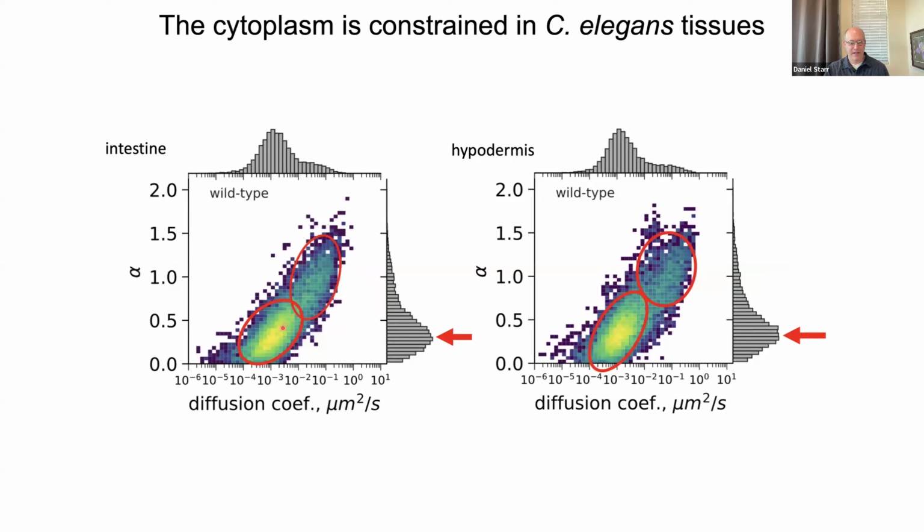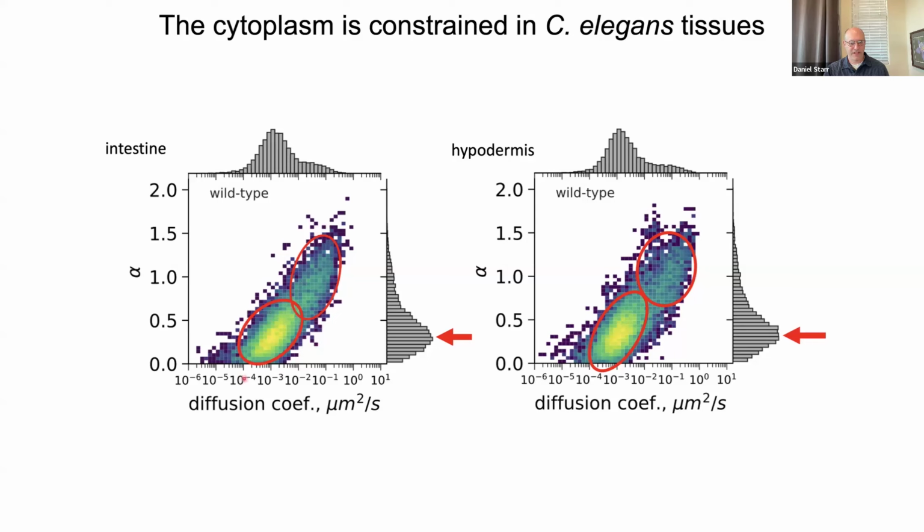So this is what we're doing here. Each dot here is a GEM. There's a heat map here, so there are a lot of GEMs here. And what we're plotting is alpha on the y-axis and the diffusion coefficient on the x-axis. And what we see is that in either the intestine or the hypodermis, there are two populations of GEMs.